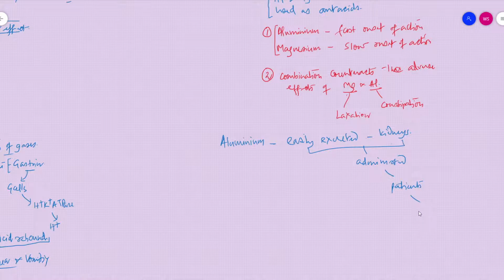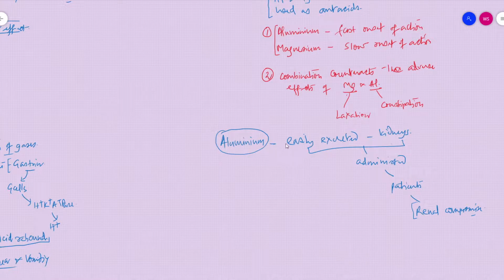They can be given in patients with renal compromise, who are having renal failure. Whereas magnesium is very difficult to be excreted by the kidney, and therefore it is contraindicated in patients who are having renal failure.